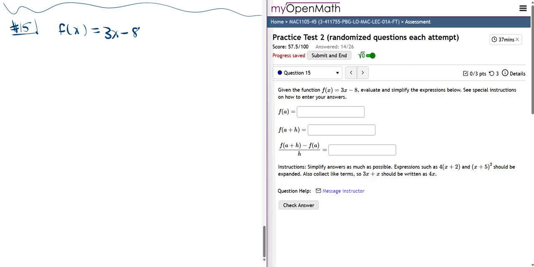Evaluate and simplify the expressions below. See special instructions on how to enter your answers.